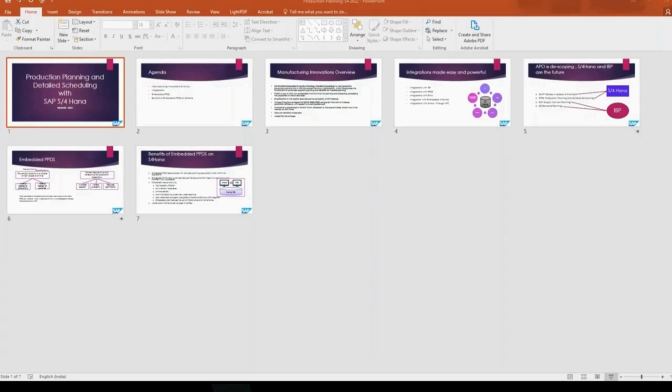So in my vision, earlier APO was a planning tool and ECC was an execution tool. When the planning happens, the data gets shifted and multiple systems interact. So in order to have planning and execution in a single system, I guess SAP came up with this. One more thing is cost.